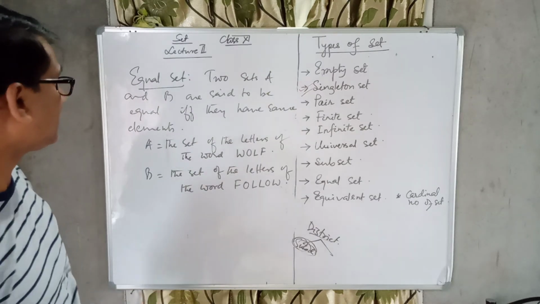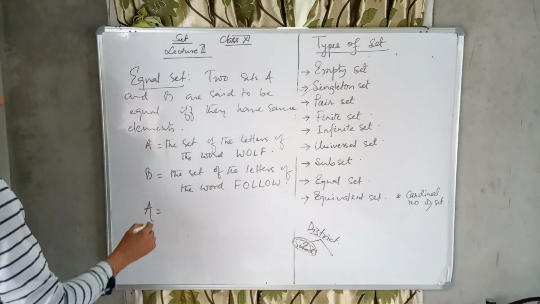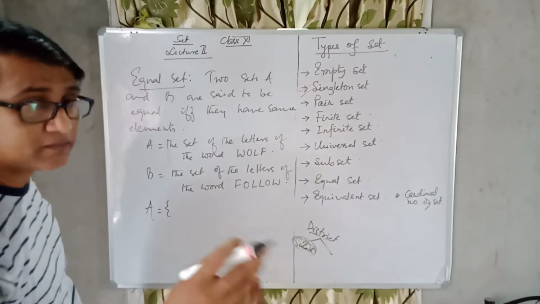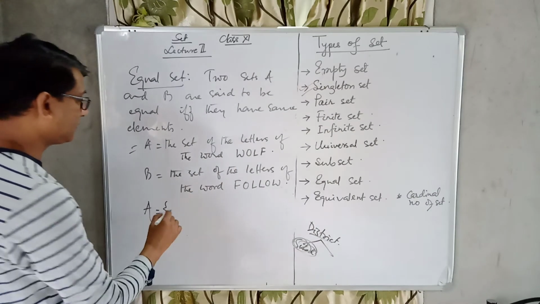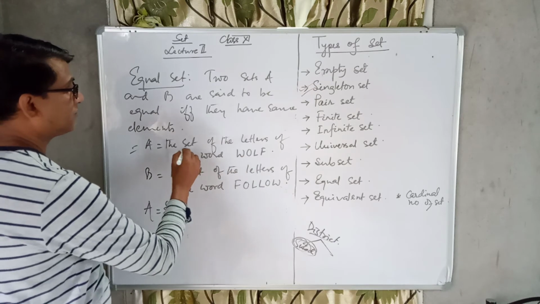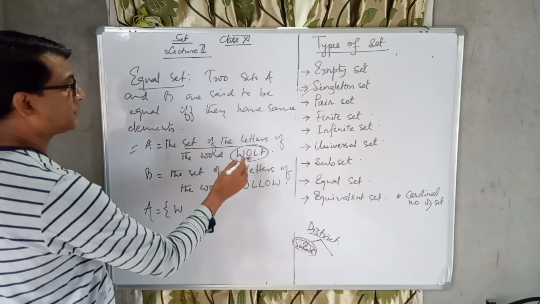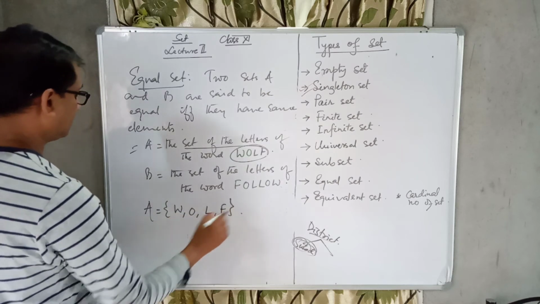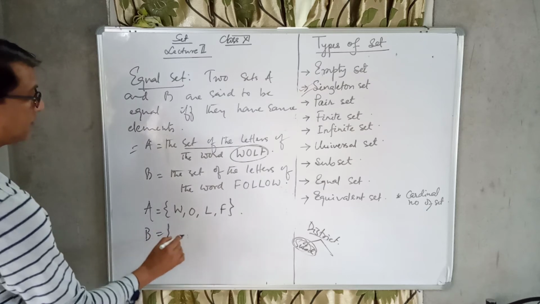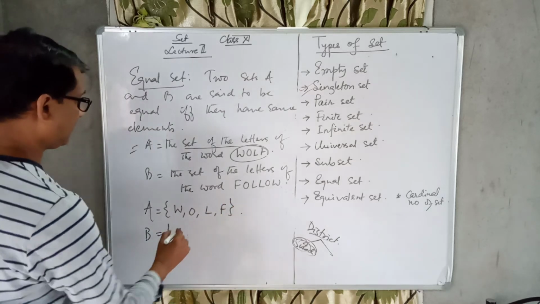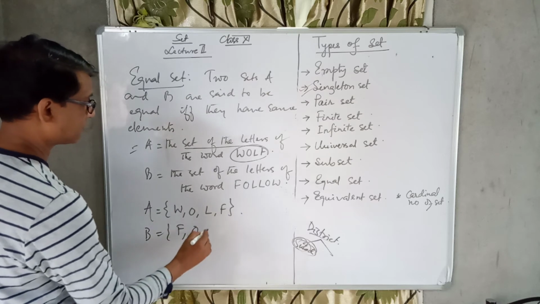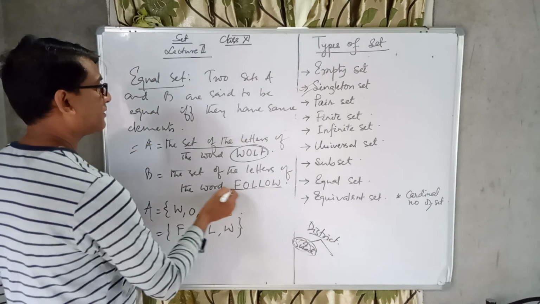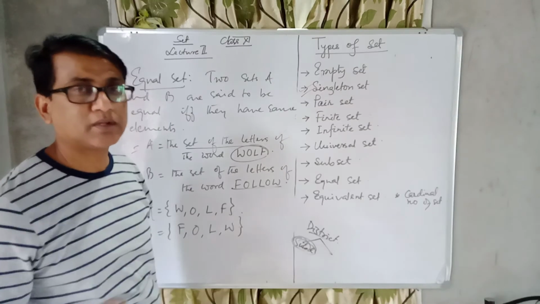Now see, if I write A in the tabular form, what are the elements? The set of the letters of the word wolf: W, O, L, F. And B in the tabular form: F, O, L, W. One thing to keep in mind: in the tabular form, the repetition will not come.